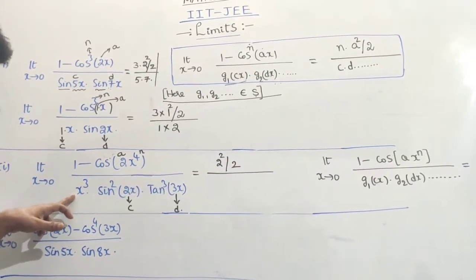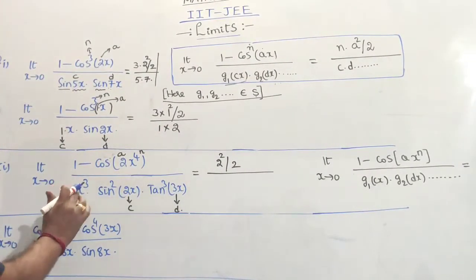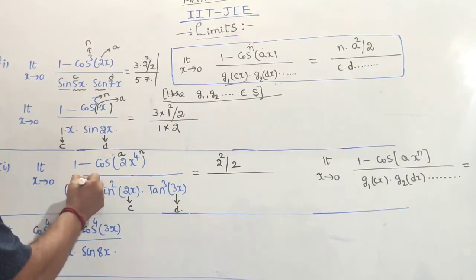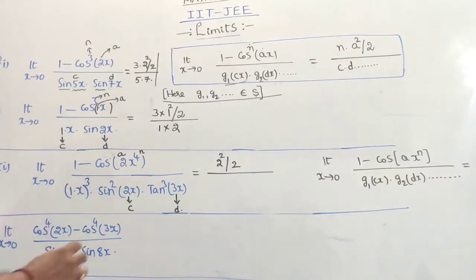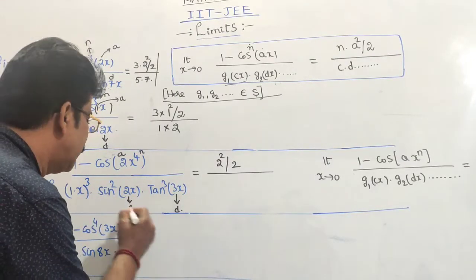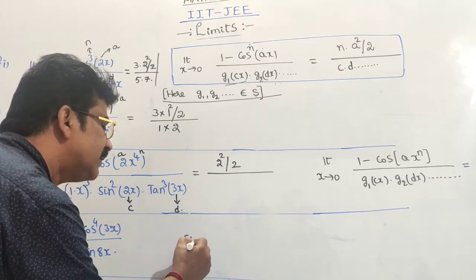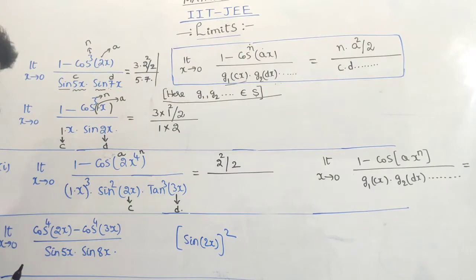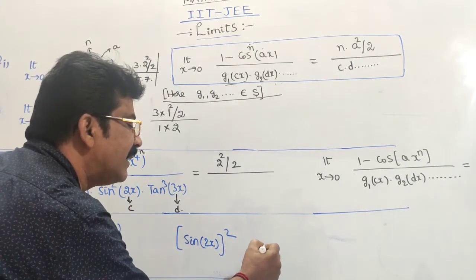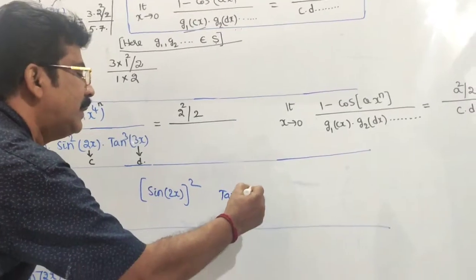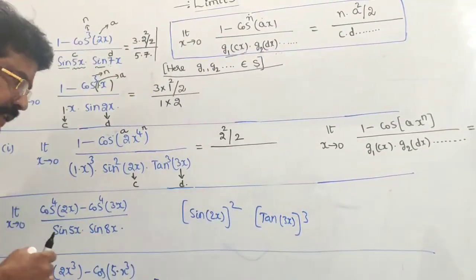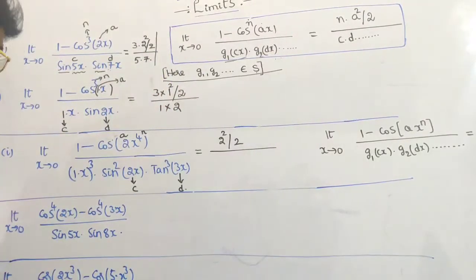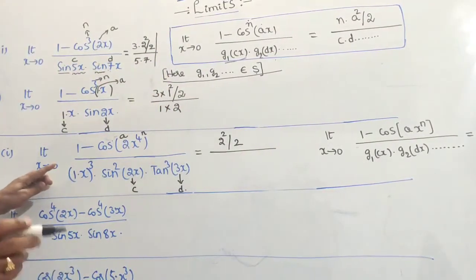here. Remember, here x cubed means 1 into x whole cubed, just like that. Sin square 2x means sin of 2x whole square, and tan cubed means tan of 3x whole cubed, just like that. So the shortcut is: first we write the coefficient.